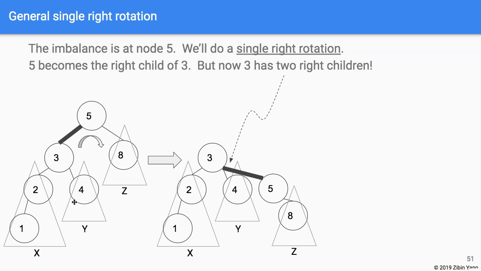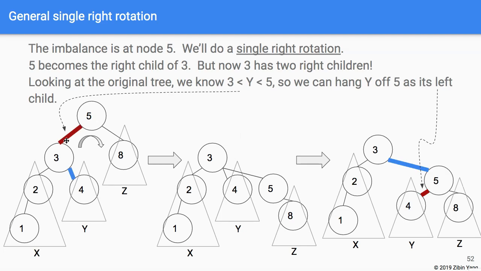Well, obviously, subtree y is bigger than 3, and it is smaller than 5, because we get to subtree y by traversing down the left subtree of 5. So anything on the left side of 5 must be smaller than 5. So that's how we have this relationship here.